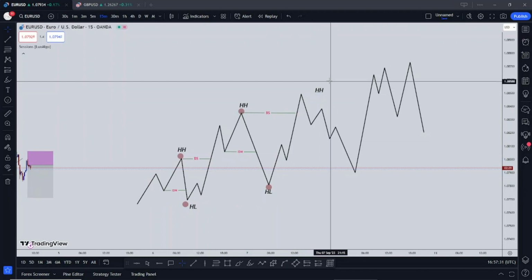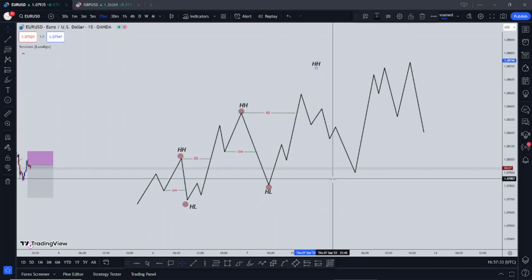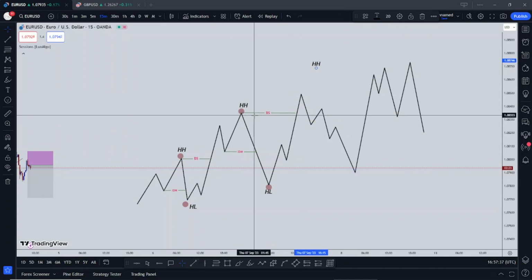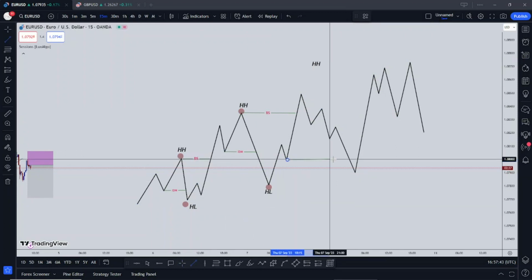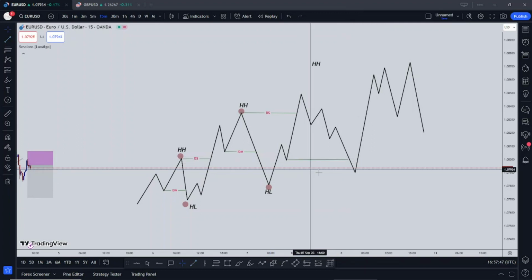Good. So the market moves in this cycle like that each and every day. After breaking the higher high, you wait for price to take an inducement before buying. No inducement, no buy. No internal low, no buy.